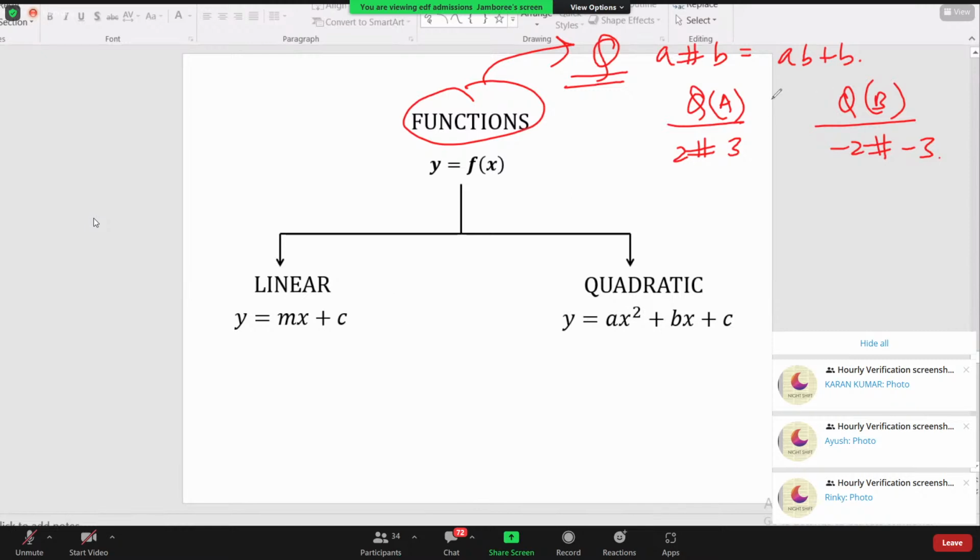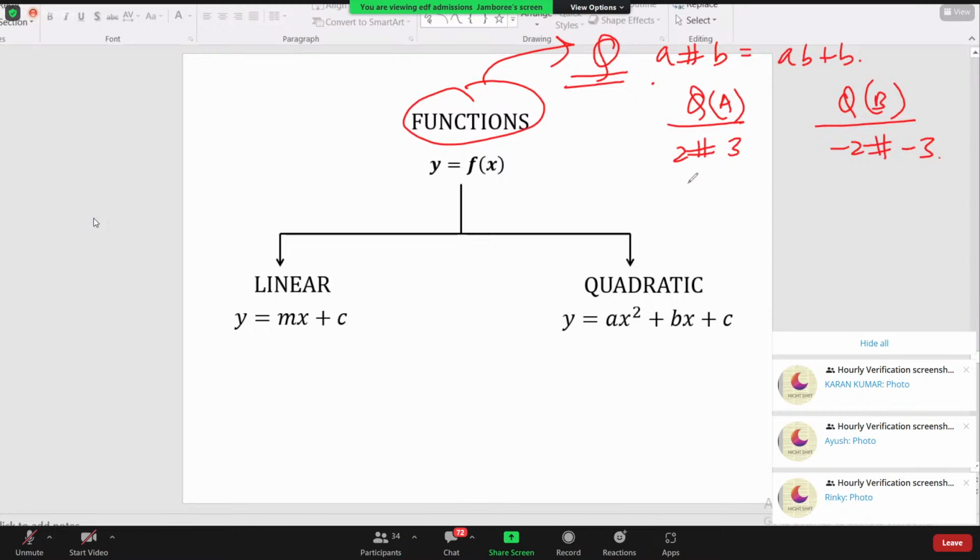Okay. So basically, the point in this question is simple and straightforward. There is a meaning or definition given in the question itself. So A hash B means A multiplied by B plus B. You are expected to compare the two quantities 2 hash 3 and minus 2 hash minus 3.